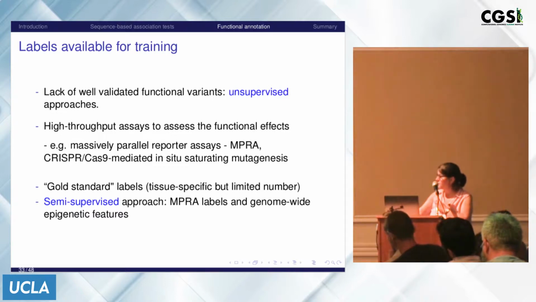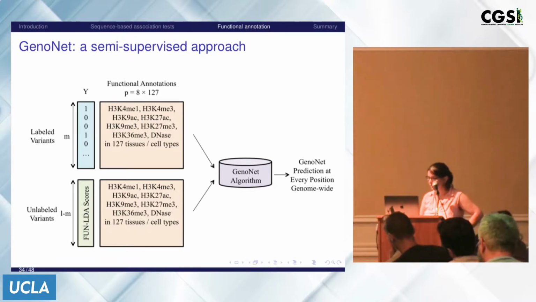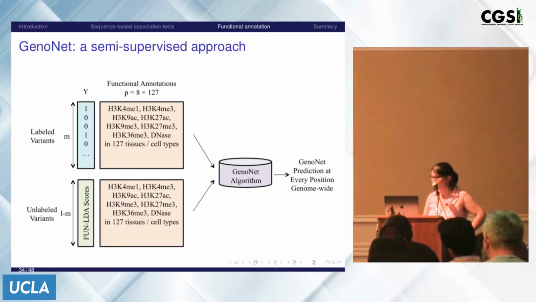So we developed this semi-supervised approach called GenoNet. It takes as input a set of labeled variants, M. For these variants, we have a binary label, 1 or 0. And then we have a large number of unlabeled variants, unlabeled in the sense that we don't have experimental labels.